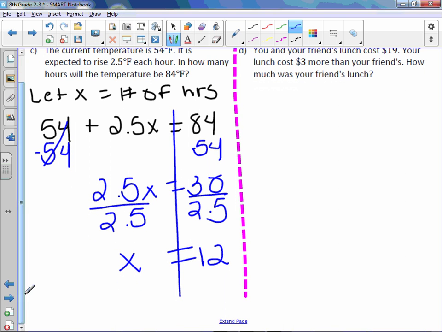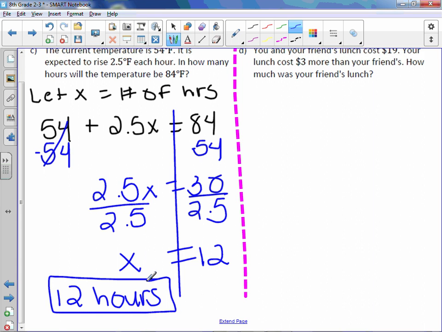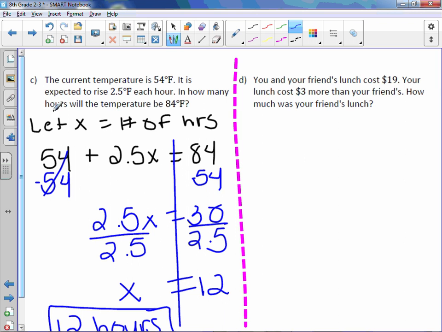So in how many hours would the temperature be 84 degrees? We would say 12 hours. Word problems deserve a word answer, so make sure you label it with some word or words.